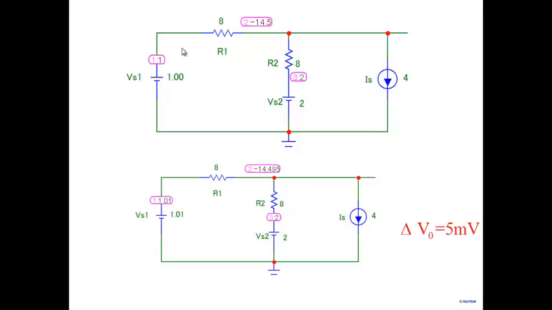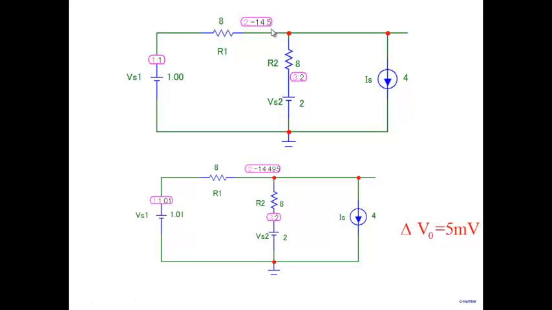I have to do the calculation here to the third decimal place, the calculation here to the third decimal place, and then subtract and get the answer. Suppose this were not 1.01 but 1.001. What would have happened? Instead of the third decimal place, maybe I would have had to go to the fourth decimal place.